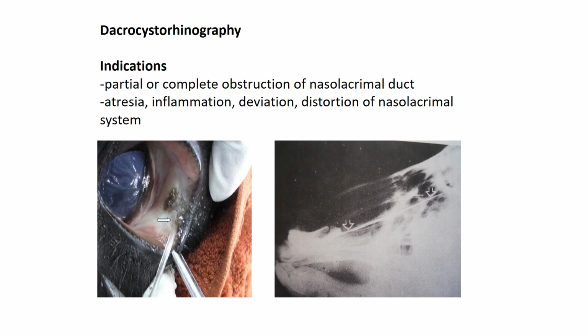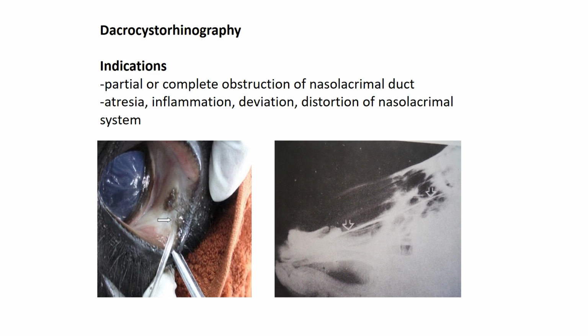The indications are partial or complete obstruction of the nasolacrimal duct in the animal. Any type of atresia of a duct, any inflammation of a duct, deviation, or distortion of the nasolacrimal duct system can be identified with the help of this dacryocystorhinography.